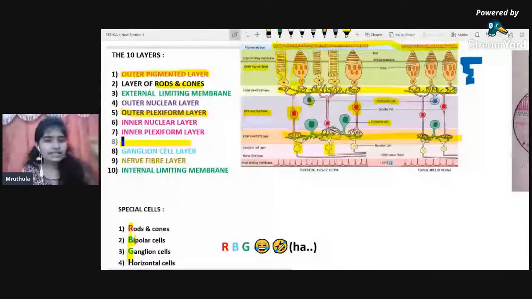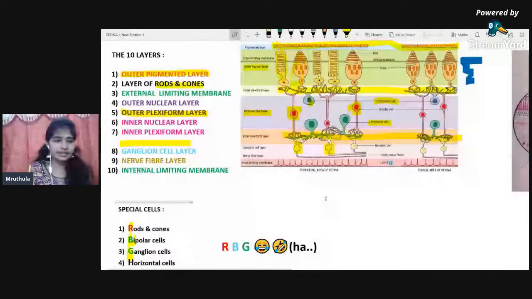And between the bipolar cell and the ganglion cell, there is interaction or impulse flowing. Between those, there is some cross interaction, and that cross interaction is by the amacrine cell. It's enough if you know this much. In detail, the functions will be dealt with in physiology, that will be in the evening. So this is about the layers.